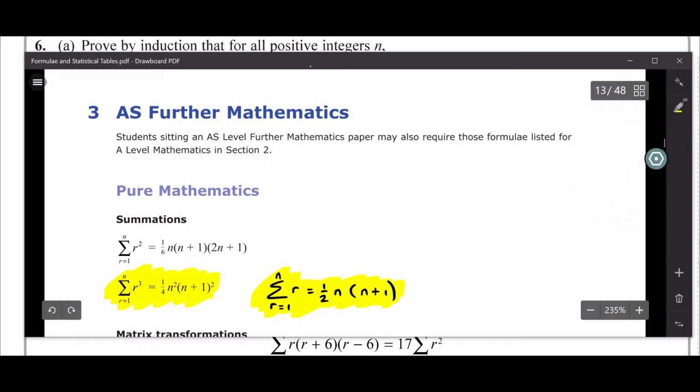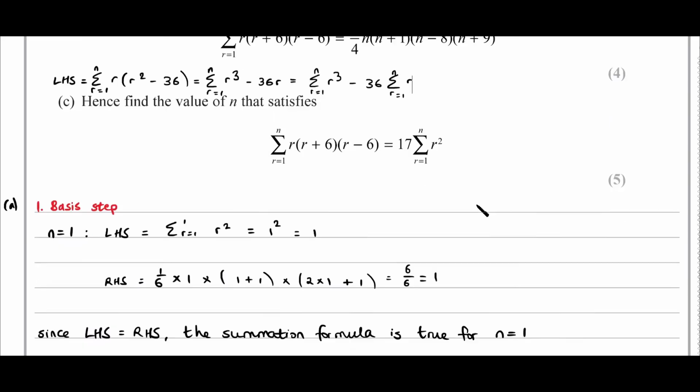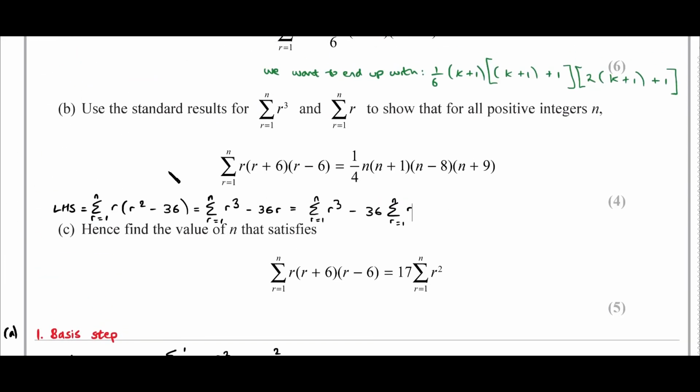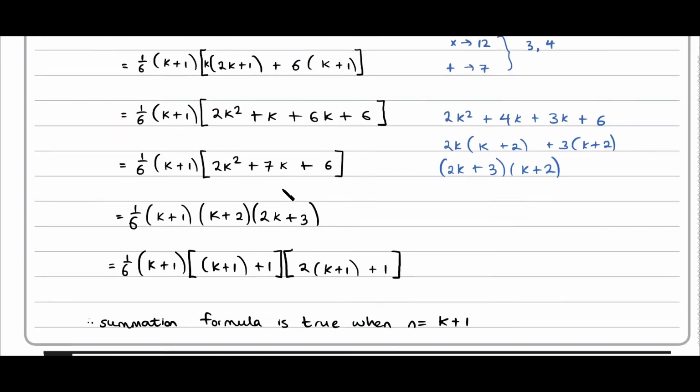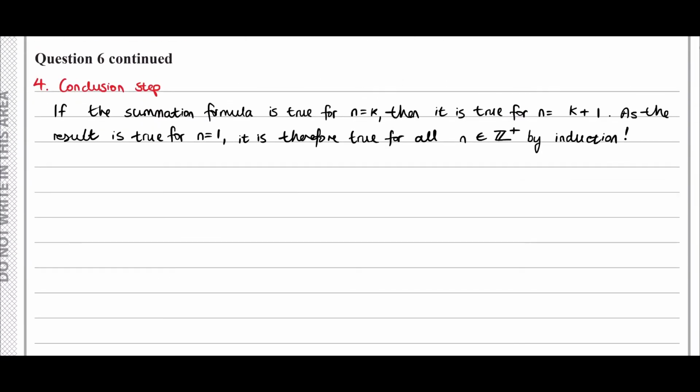So with that being said, we can rewrite this entire thing for part B. We have the sum from r equals 1 to r equals n of r cubed minus 36 lots of the sum from r equals 1 to r equals n of r.